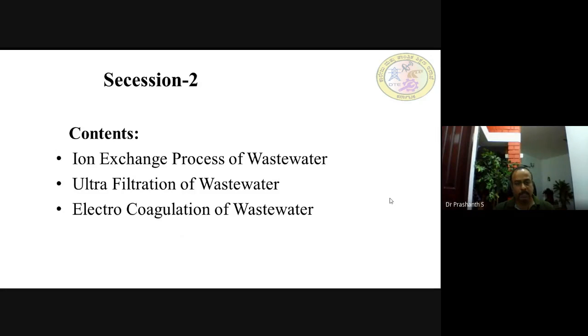See, ion exchange and ultrafiltration have already been studied in the treatment of water, and these techniques are also being used for the treatment of wastewater.